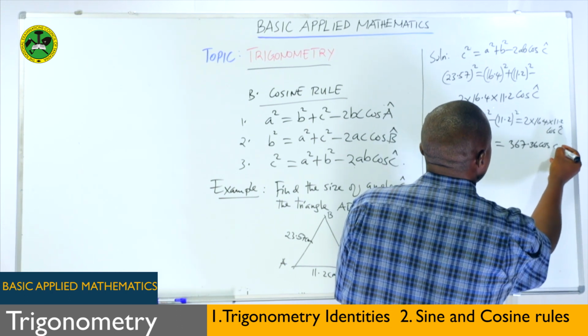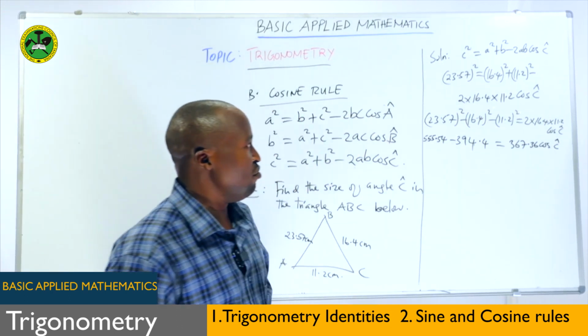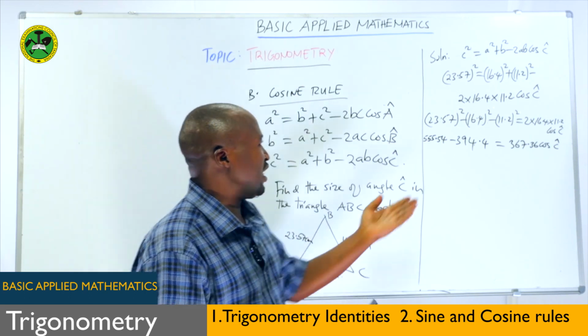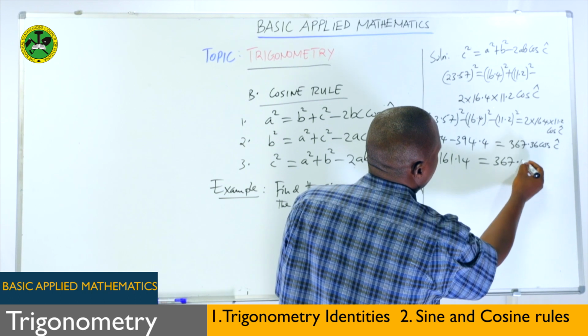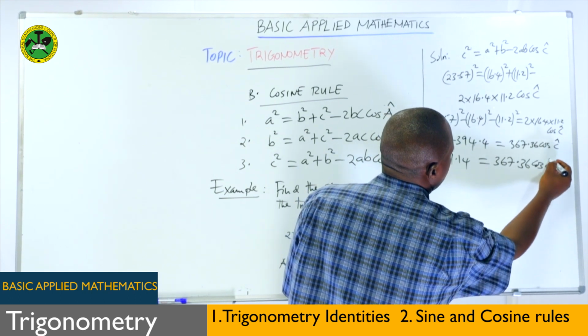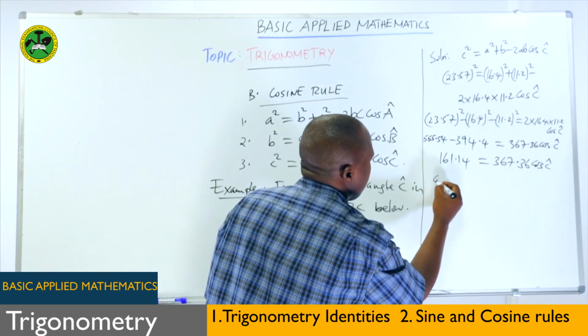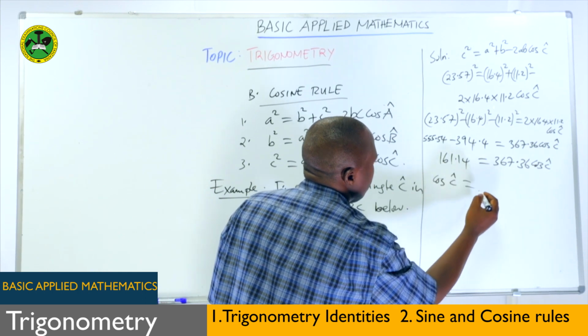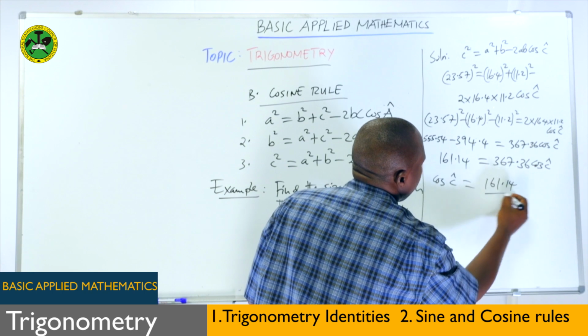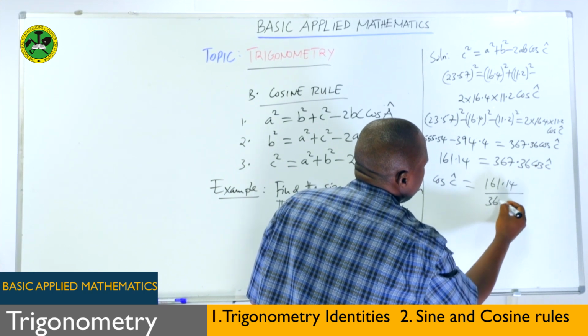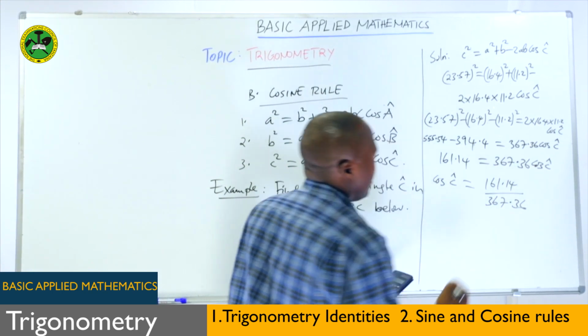Now, subtracting, we have 161.14 equal to 367.36 cos C. Therefore, cos of angle C will be equal to 161.14 over 367.36.